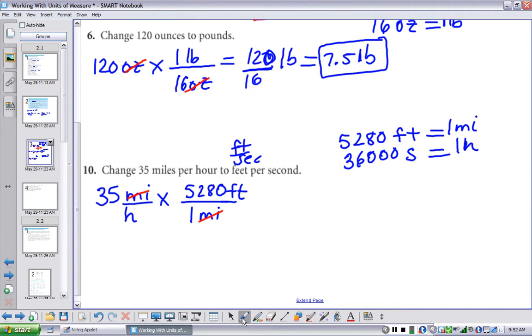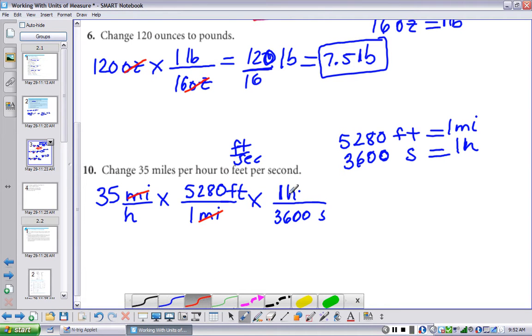Then remember that we want the seconds in the denominator, so there's 3,600 seconds, all over 1 hour. So our hours cancel.